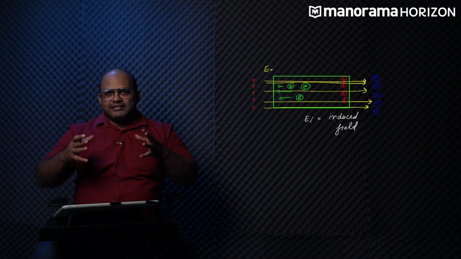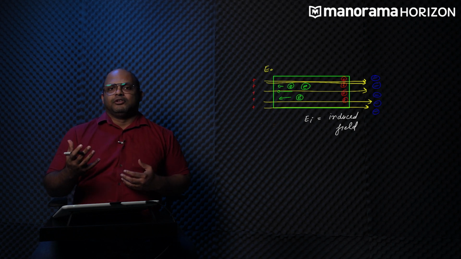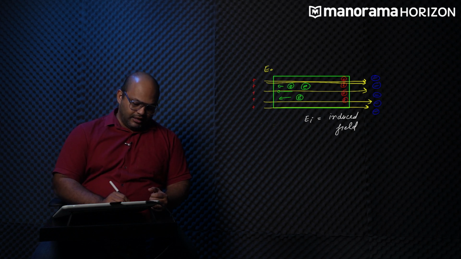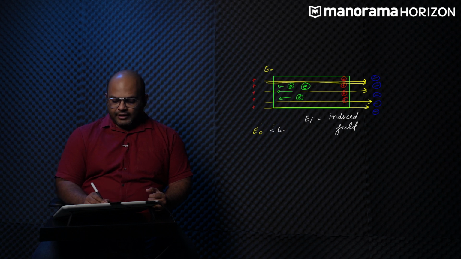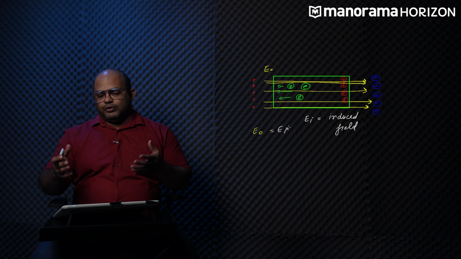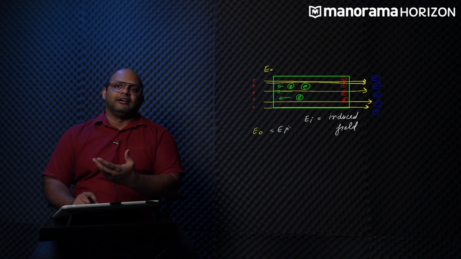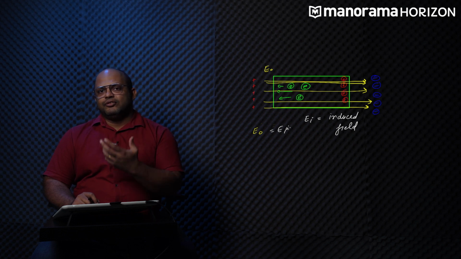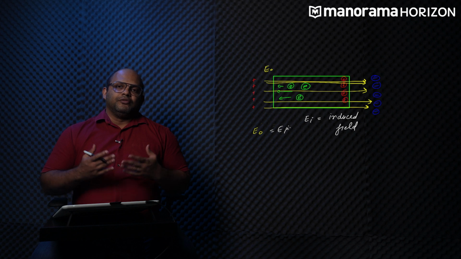The induced field inside this material, which is opposing the external field, will keep on increasing to the point where E0 and EI become equal and cancel each other out. So as a result, there is no internal electrical field inside this material. Things happen very differently in the case of dielectrics.